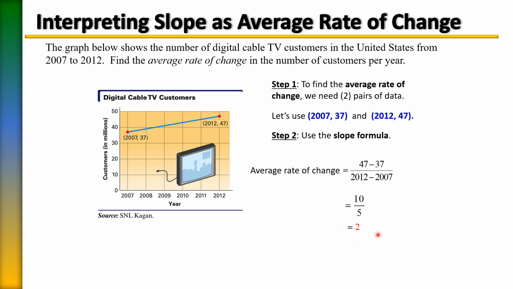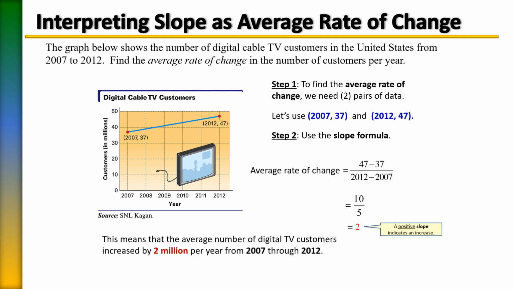We have a positive number. How do we interpret that? Well, we would interpret that to mean that the average number of digital TV customers increased by 2 million per year from 2007 till 2012.